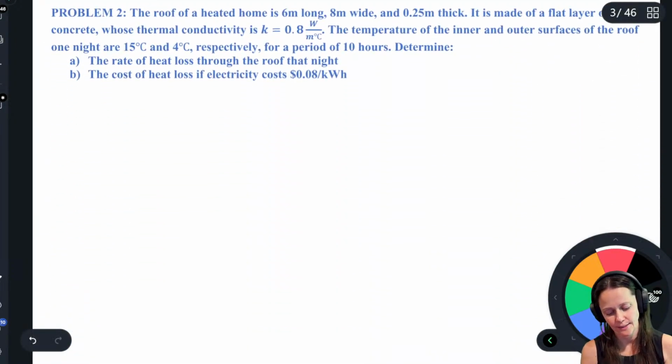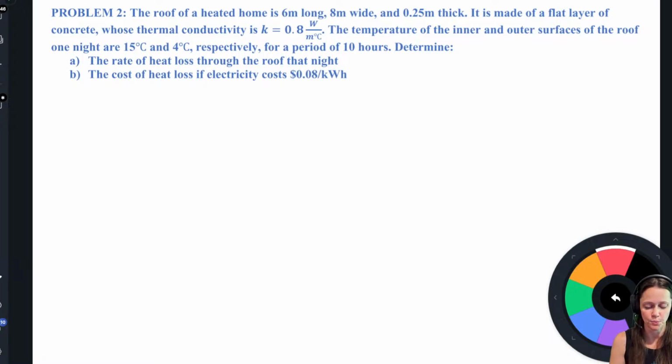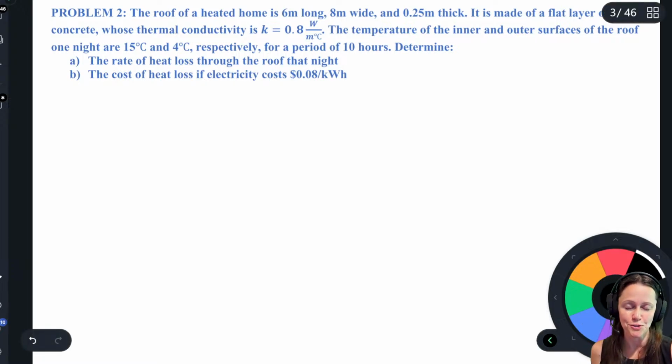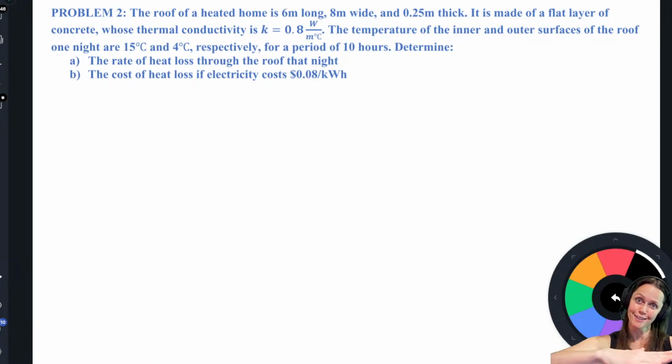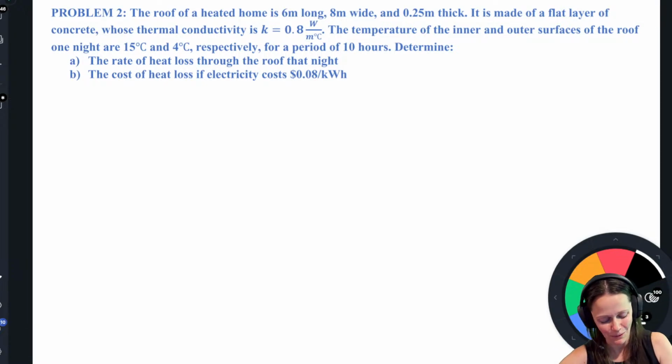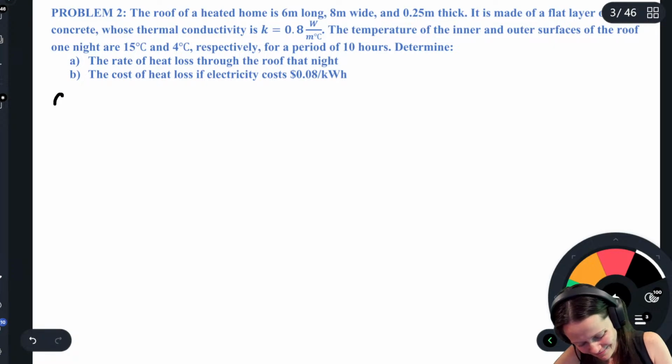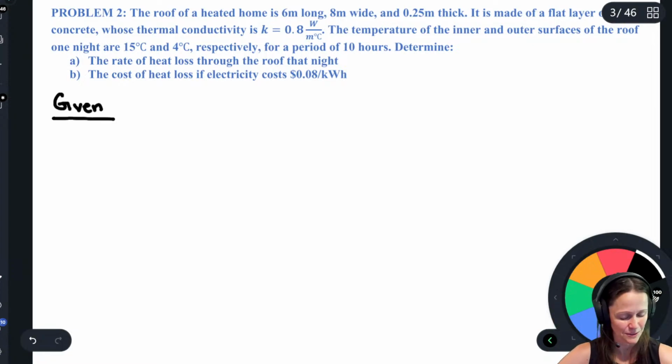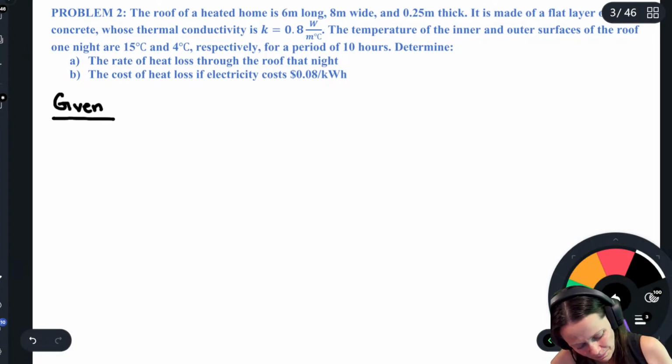All right. So problem 2, we have the roof of a heated home, and it's kind of silly because we're going to say the roof is flat. We're going to make our life really nice and simple here. Let's go ahead and draw out our ugly roof. So here's my roof.